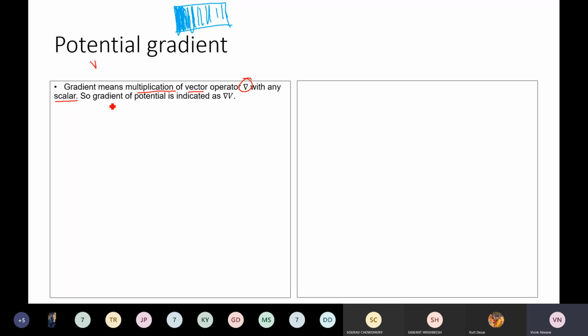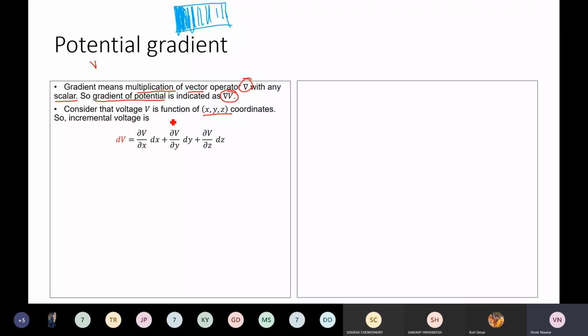So the gradient of potential is indicated as del V. There is no dot product and no cross product, simply del V. Consider a voltage V which is a function of x, y, z coordinates. So an incremental voltage, a small voltage, can be written as dV is equal to del V by del x into dx, plus del V by del y into dy, plus del V by del z into dz.